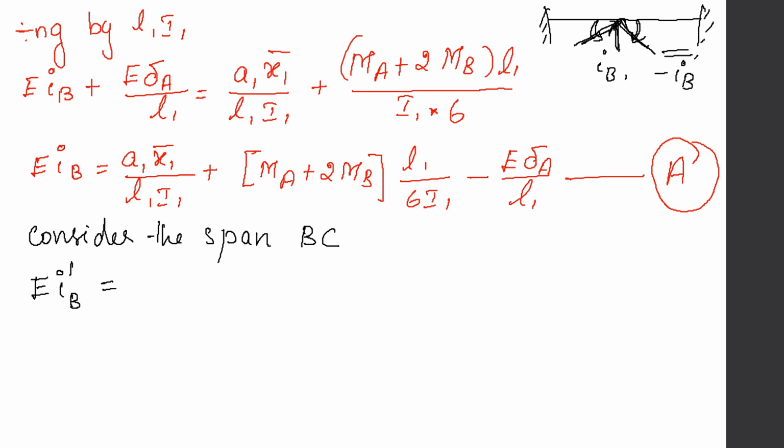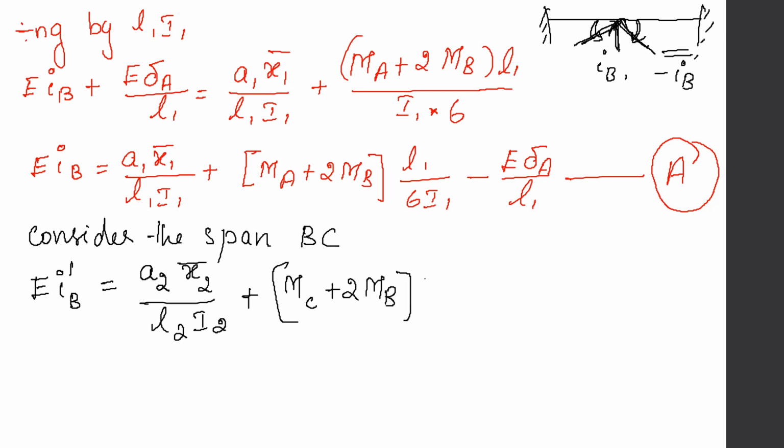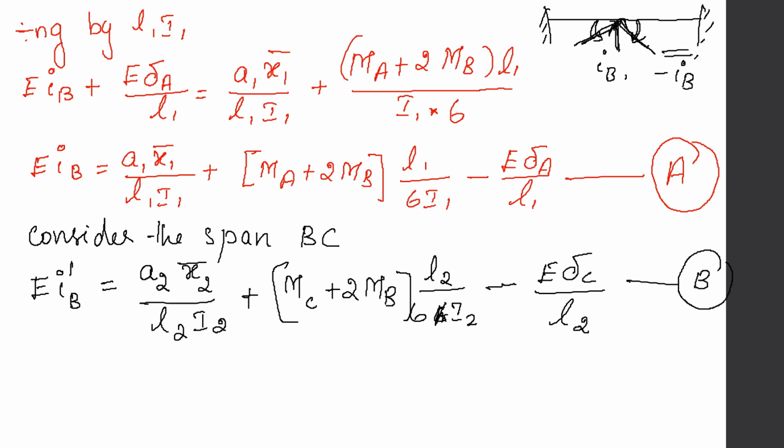That is equal to, for the span BC, that is the second span, we will take it as A2: A2 x2 bar by L2 I2 plus MC plus 2MB into L2 by 6I2 minus E into delta C by L2, and this will be our equation B, that is for the span BC.